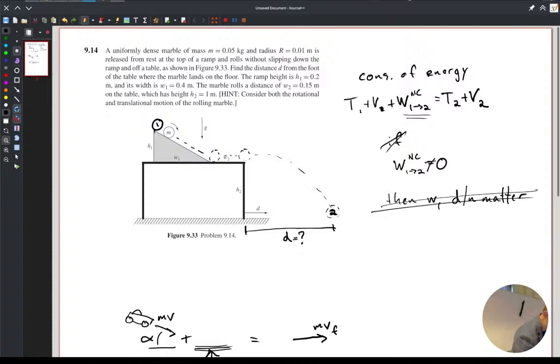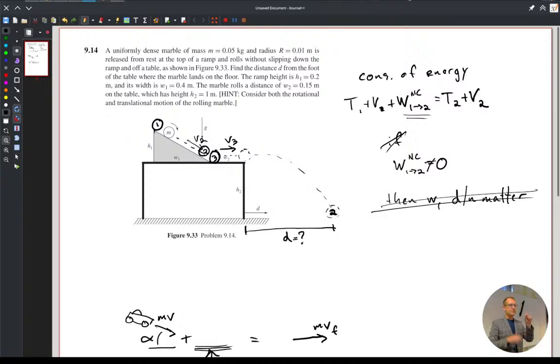So anyway, one thing we could do is say, let's go from 1 to 2, where 2 is the bottom of the ramp. So I get as much velocity as I can get from the ramp, and that's going to be my V2. And then afterwards, there's going to be some V3.